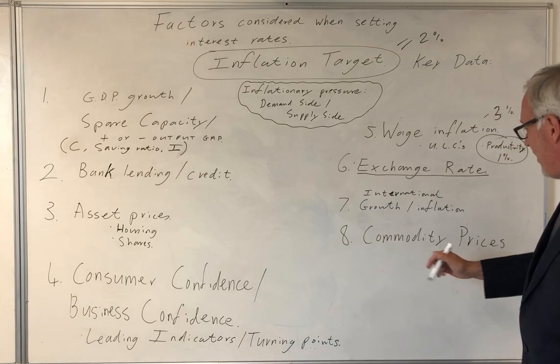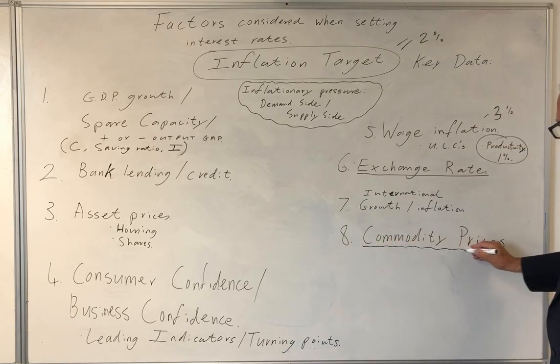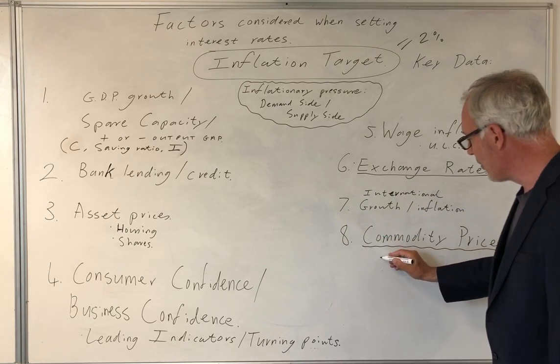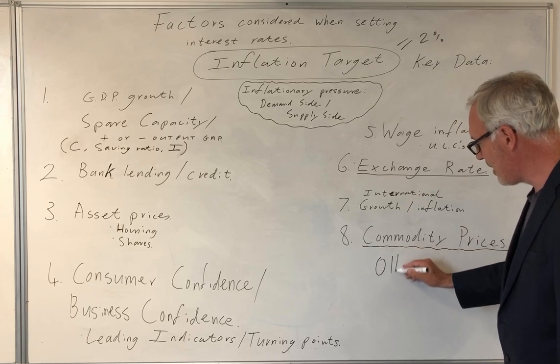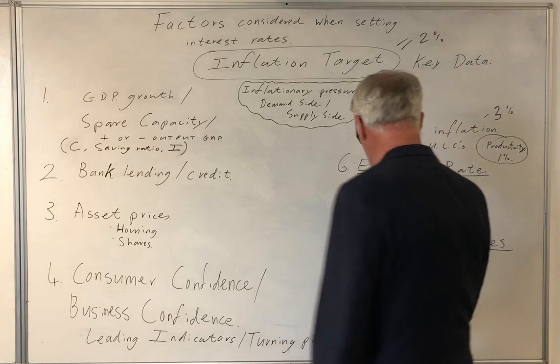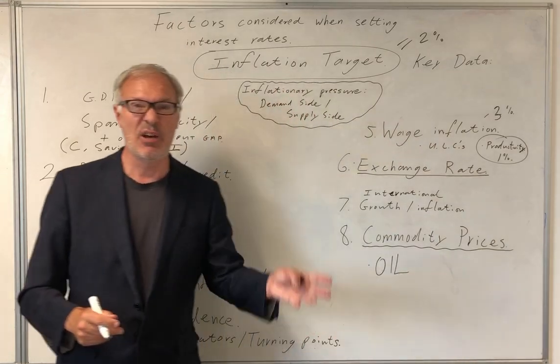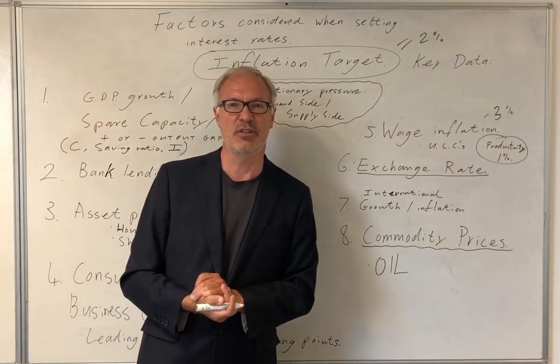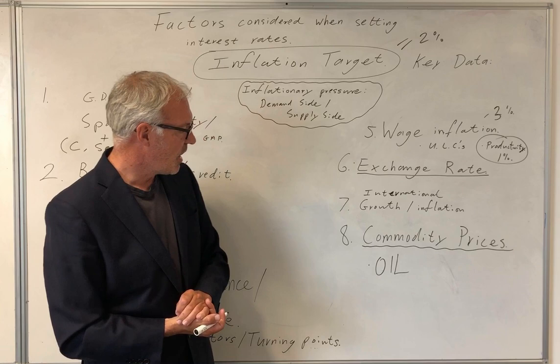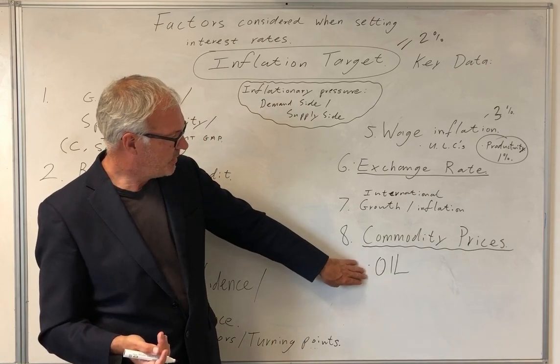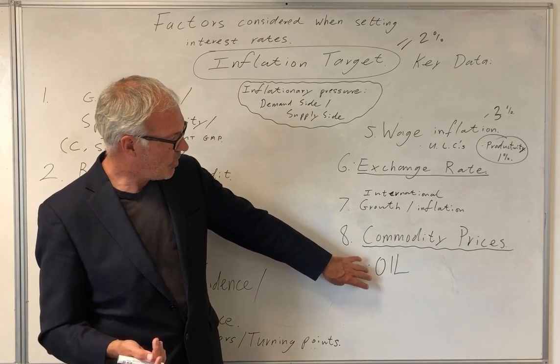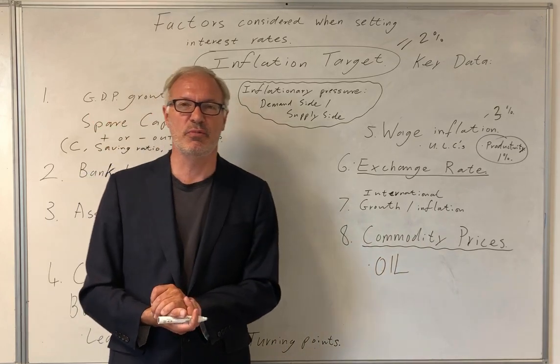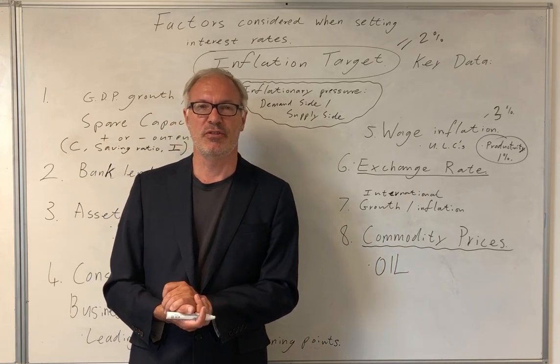And finally, commodity prices, particularly oil, but also foods and other basic primary commodities such as metals. These prices could obviously feed through into cost push inflation, so they're well worth considering.